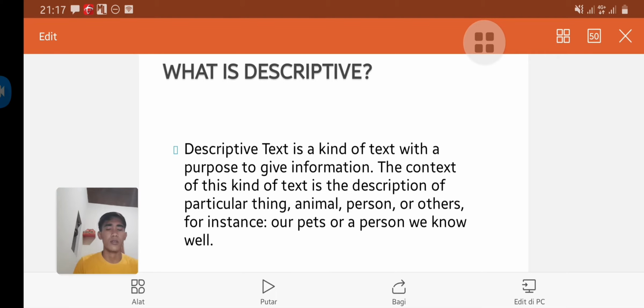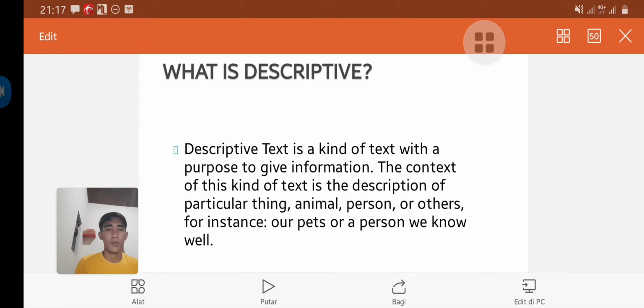For example, you describe people, things, or places. Just a note, descriptive text specifically describes one thing. For example, focus on that person.